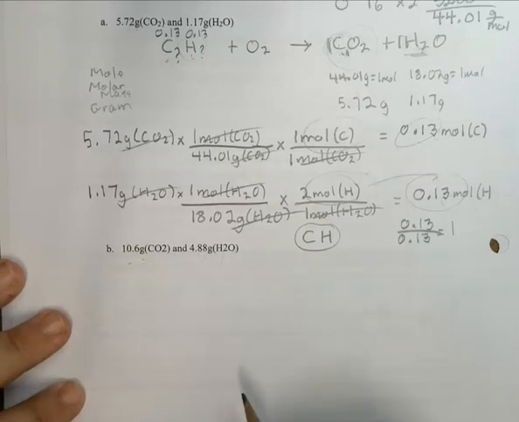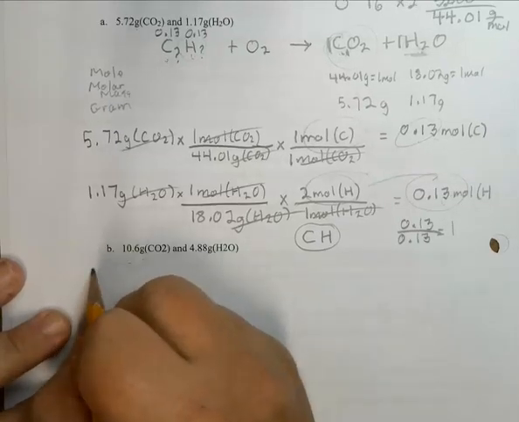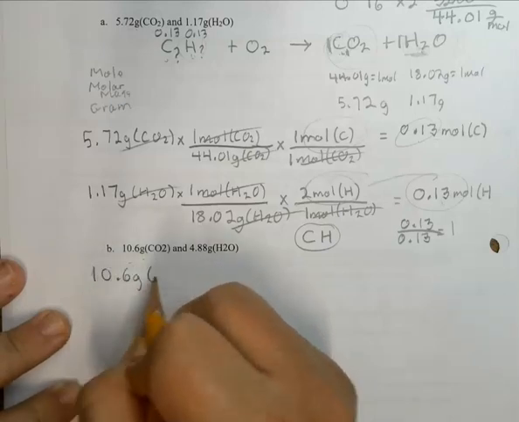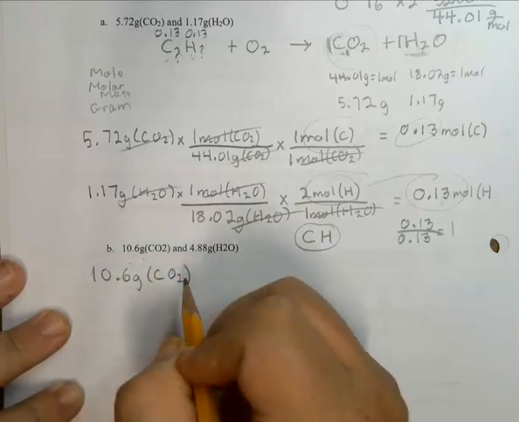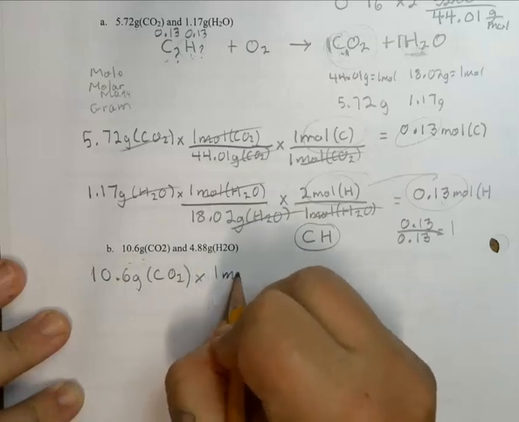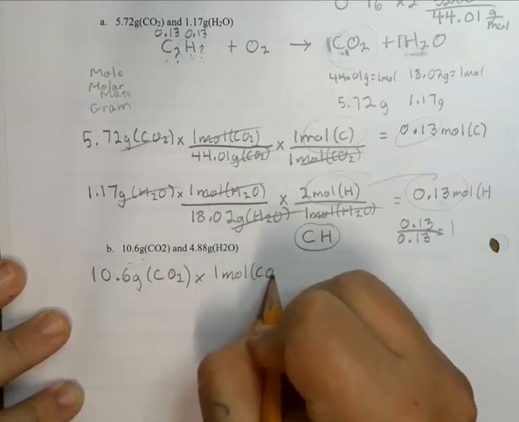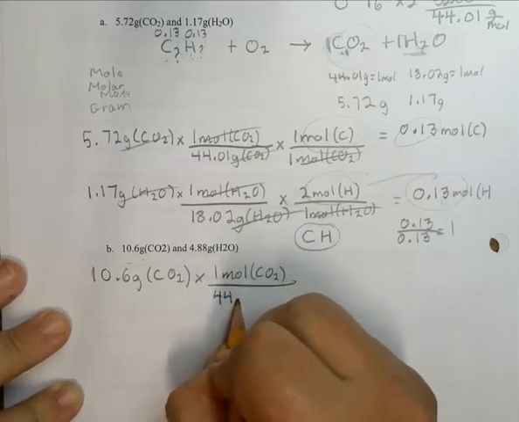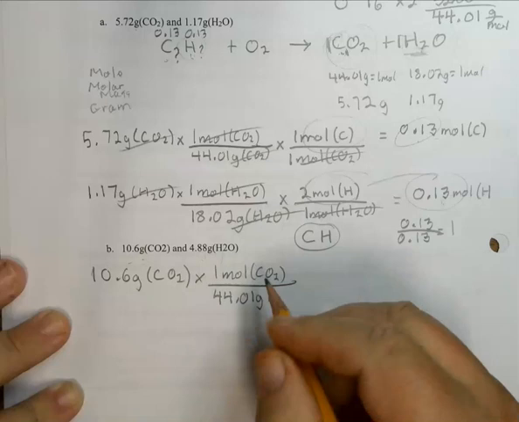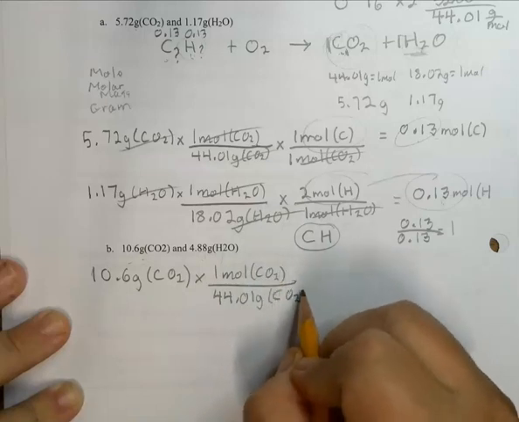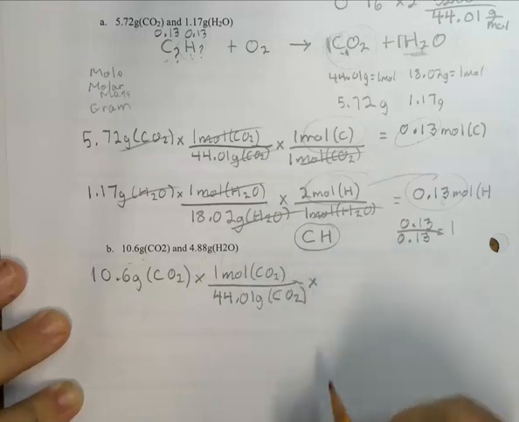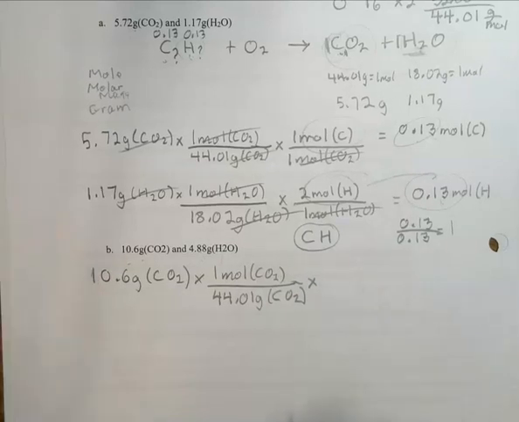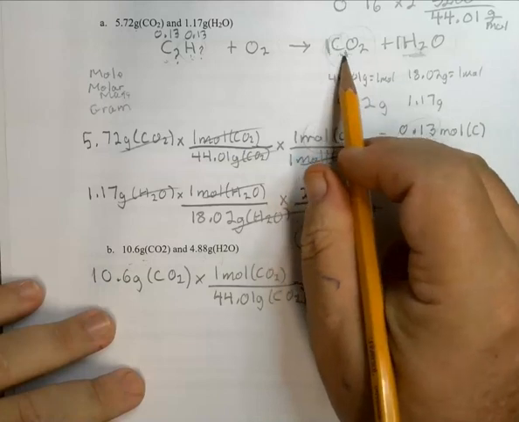We're going to set this up exactly the same way. So we'll start with the carbon again. So 10.6 grams of CO2. Okay, so now we're up to grams of CO2. We have that same 1-to-1 relationship.